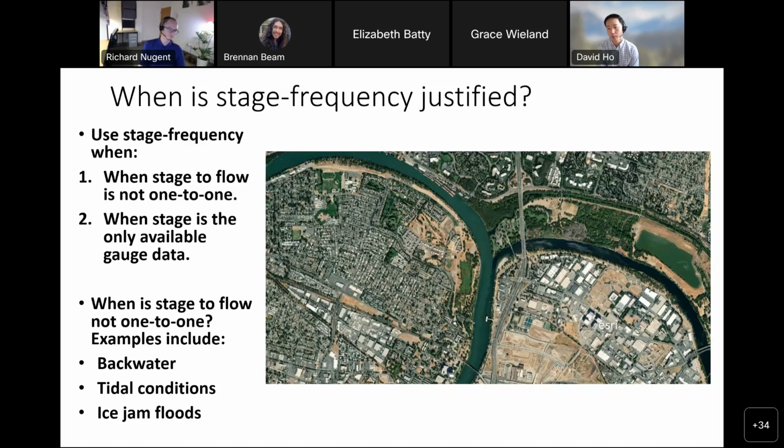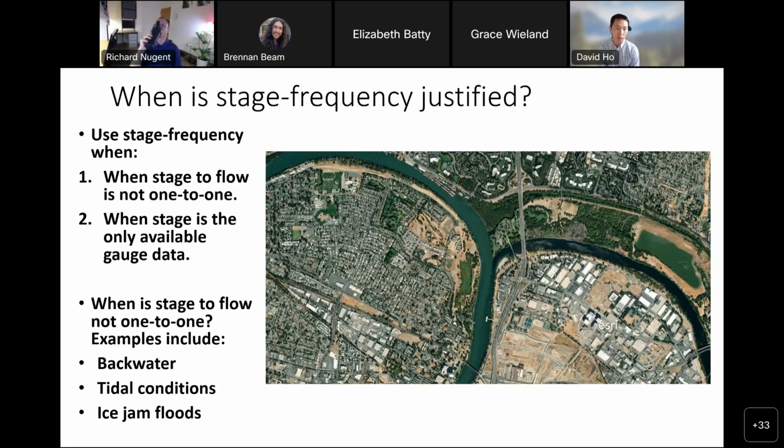If you only have stage data available, then go with what information you have and use that. Going back to when stage to flow is not one-to-one, the condition for when that happens is when we have backwater. Backwater is when we have river stages downstream that impede incoming flow from upstream. It can be caused by some downstream structure like a bridge, or changes to channel geometry, where you can have a wide channel and then a very narrow one suddenly.